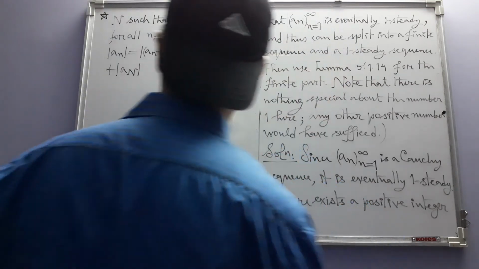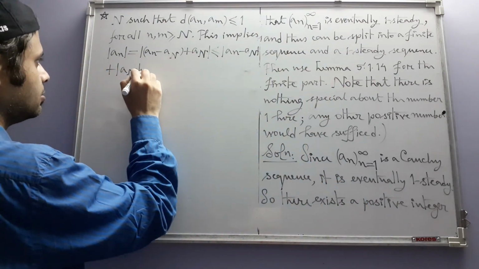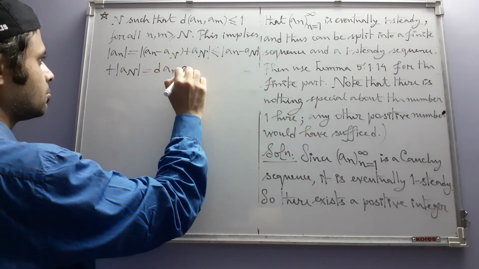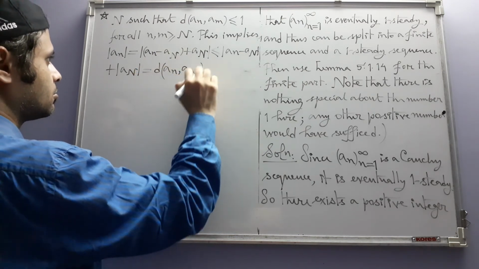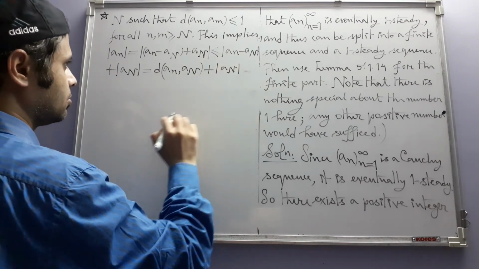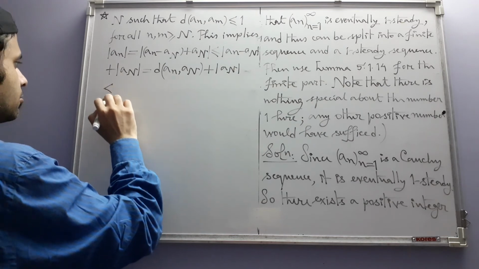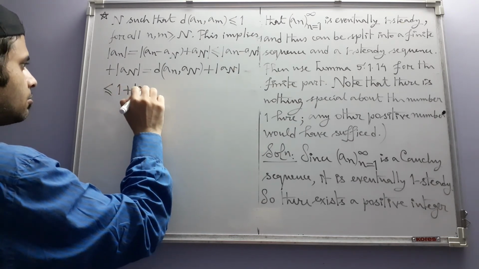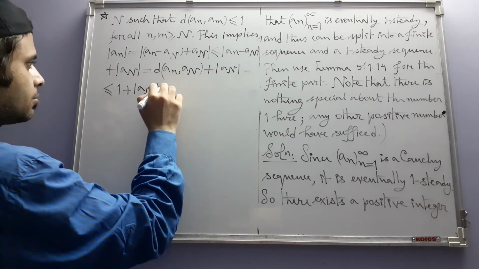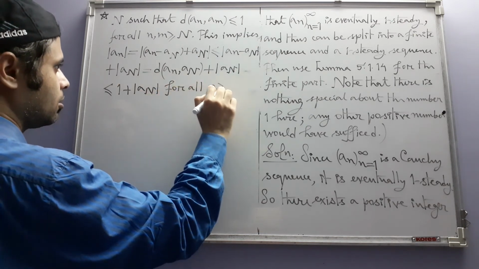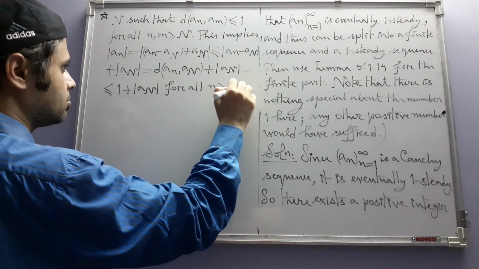So you can write one more line: this will be less than or equal to 1 plus absolute value of a_N for all n greater than or equal to N.